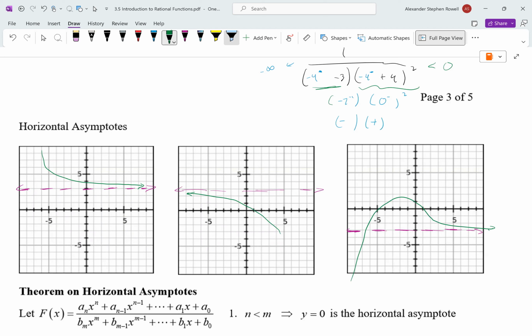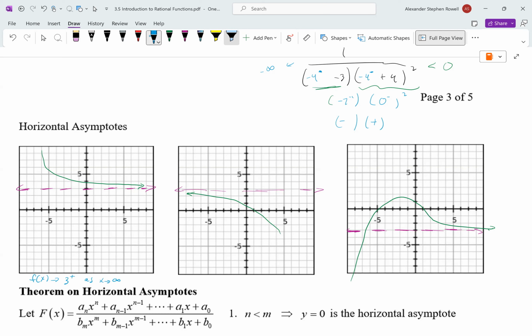So in symbols, what's our y value approaching on the first graph? F of x is approaching what as x goes to infinity? Yes, my y value is approaching 3 from above as x goes to the right to infinity.